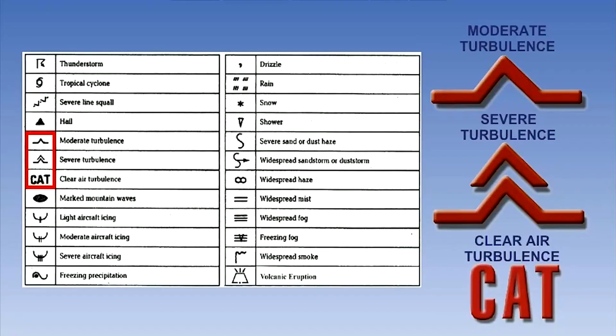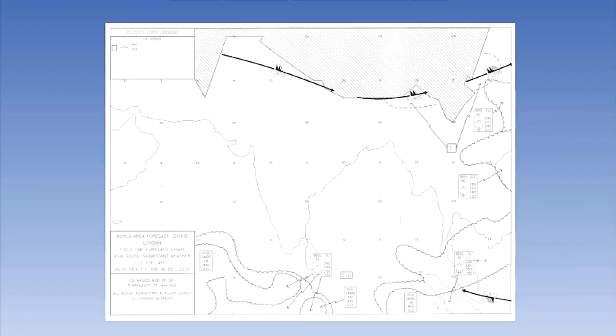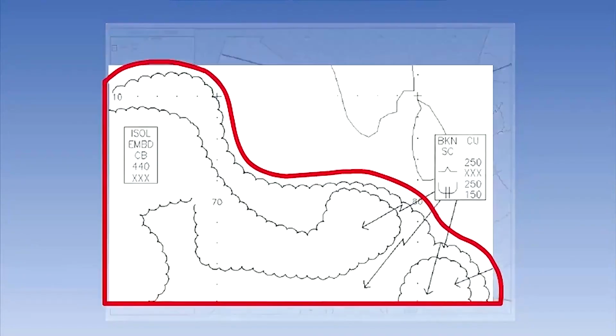And earlier we saw how this was clearly highlighted on the charts by way of the enclosed dash lines and the CAT legend. In cloud, moderate or severe turbulence is automatically implied on SIG weather charts whenever a CB is forecast.